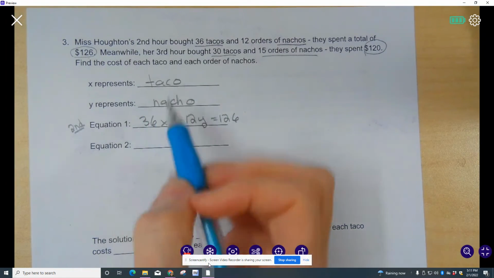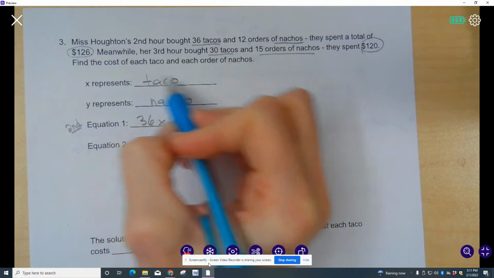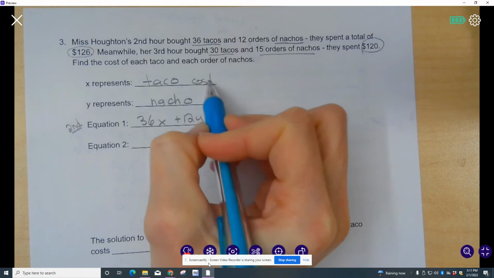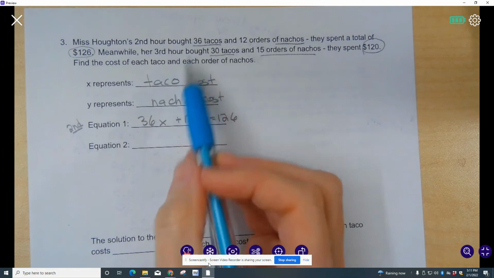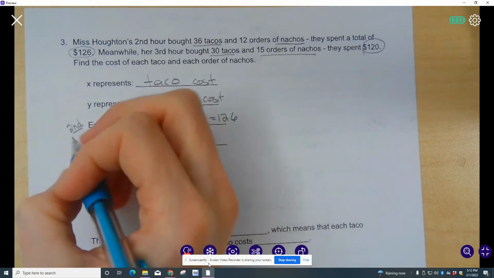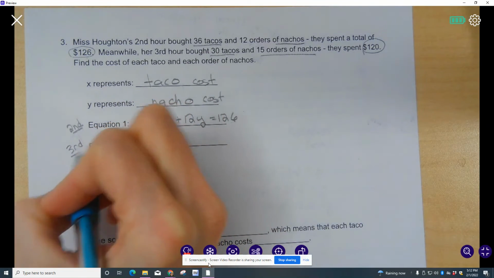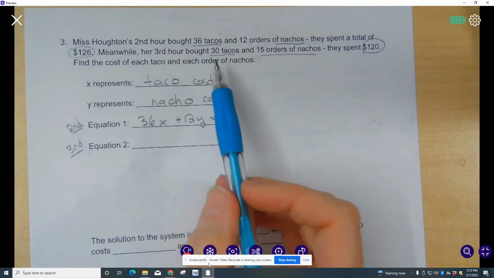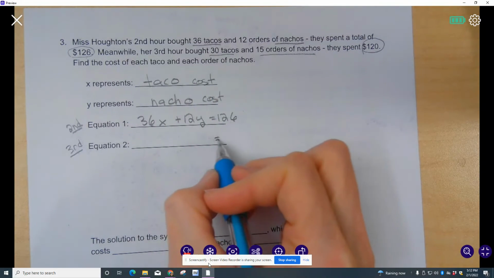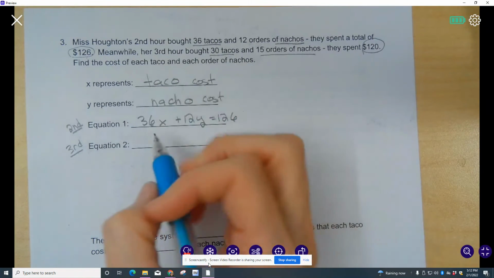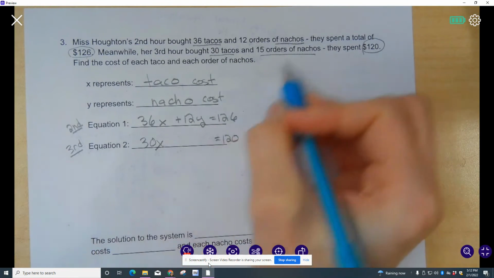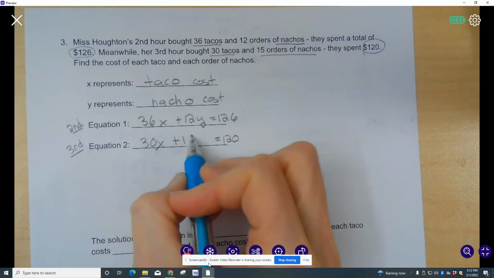So this actually is a cost. This is the cost of a taco, and this is the cost of a nacho. This is the quantity, how many they bought. All right, and then her third hour, what did they get? They spent $120, so I know I'm going to be equal to 120. 30 tacos, tacos are X. 15 nachos, nachos are Y.